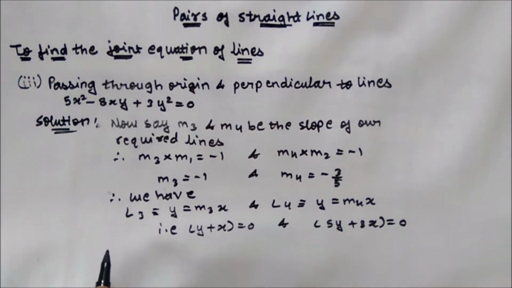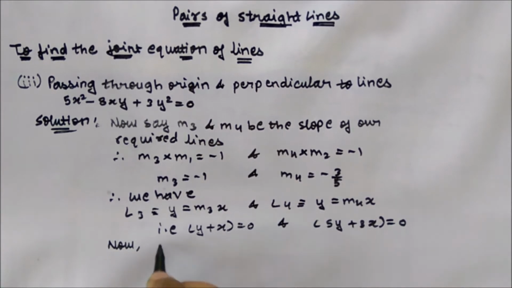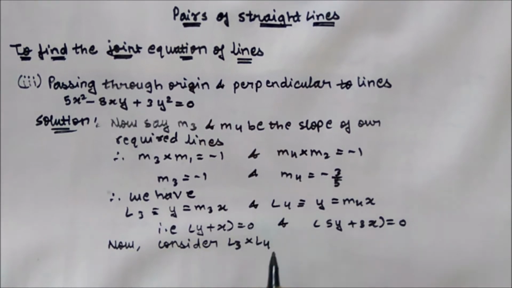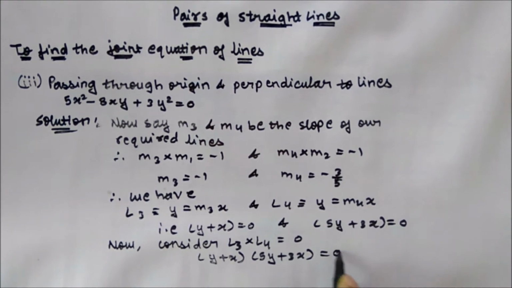So to find the joint equation of the lines, let's consider L3 into L4 equal to 0. So (y plus x) into (5y plus 3x) equal to 0.